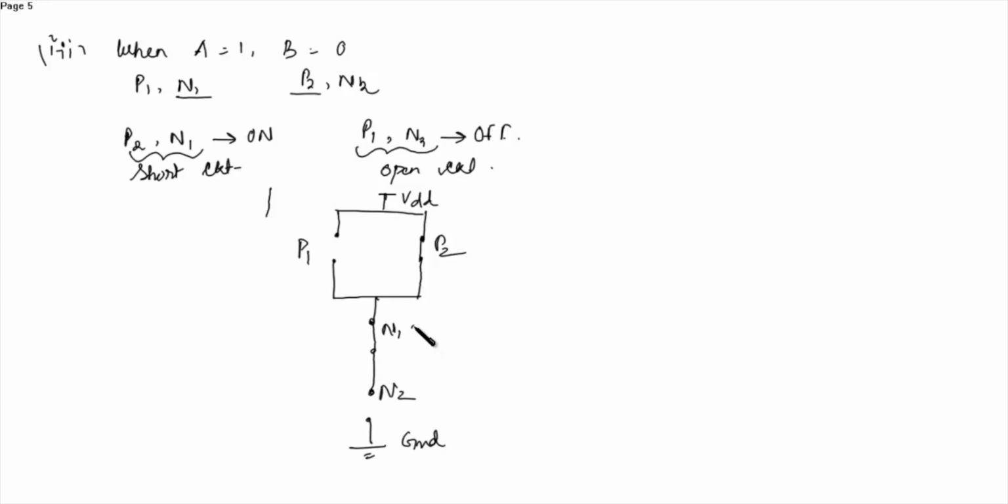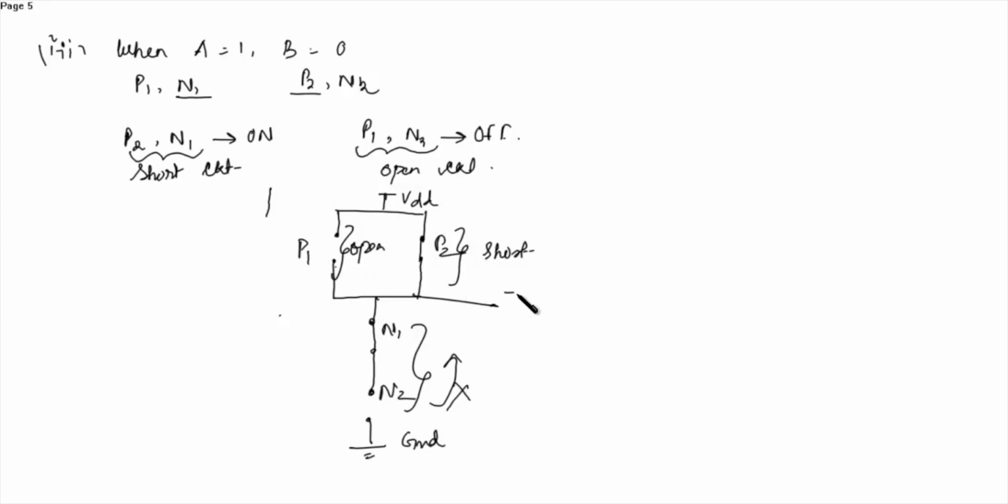Since we have an open circuit here, this will not work. And the same condition here, here it is open circuit, here it is short circuit. So even though this is open circuit, this is short circuit, this open circuit will not affect, since P1 and P2 are in parallel.